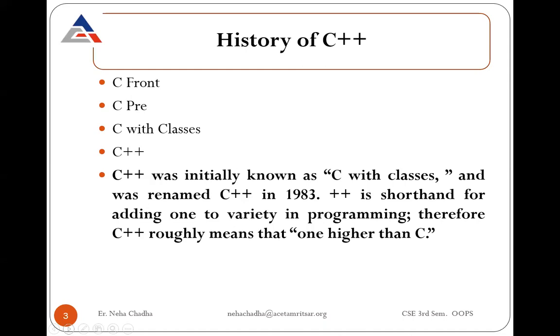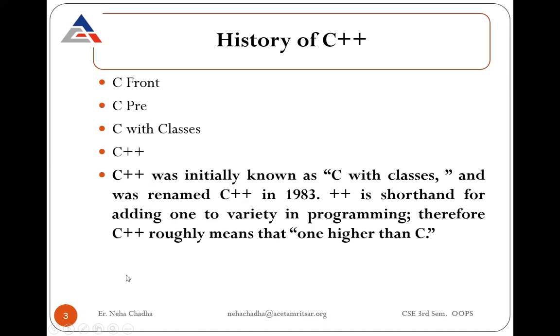But Stroustrup used C with objects, working over the object. He thought that it is some enhancement to C. So the plus plus shorthand operator is used in front of the C language, and it is given the name C++.